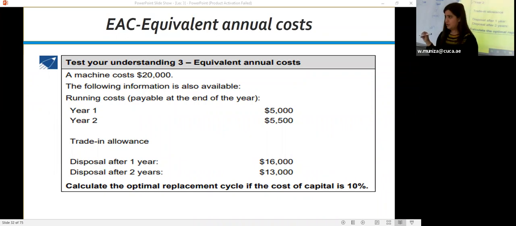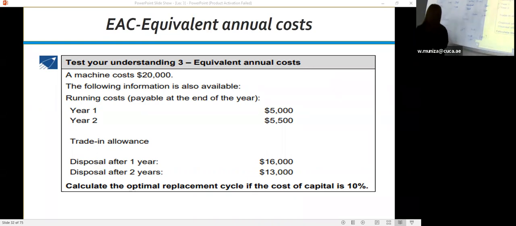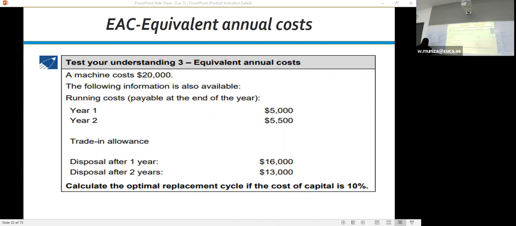0.909. Are you sure? Is this the NPV factor? Yeah. Okay, 0.909. How much is it now? 10,000 divided by 0.909 gives 11,001. And what is the NPV factor for 2 years at 10%? 1.736.